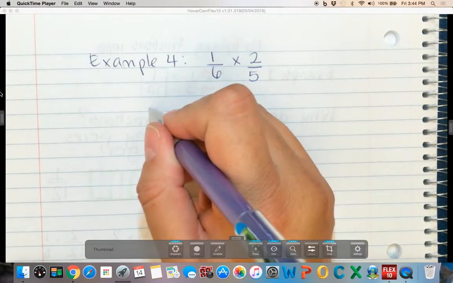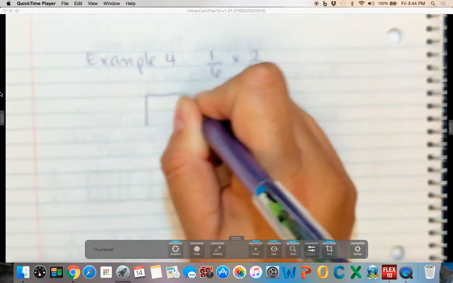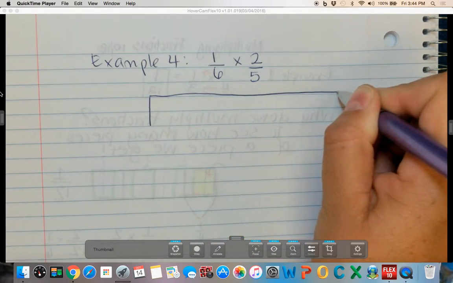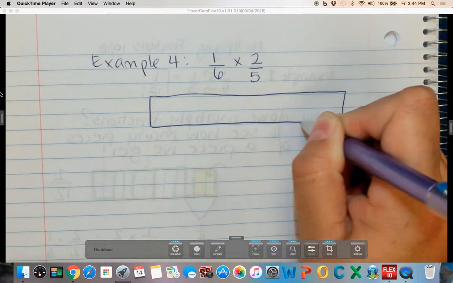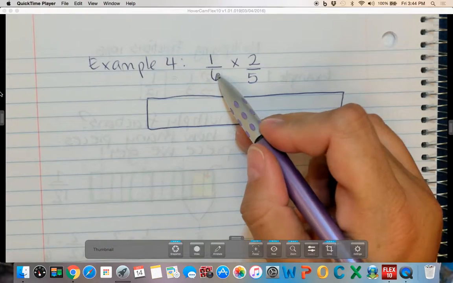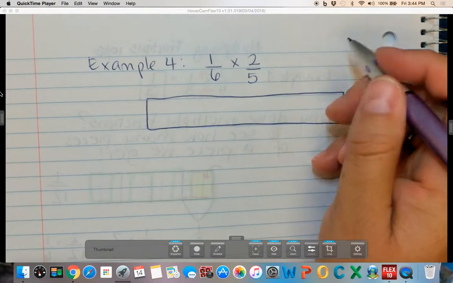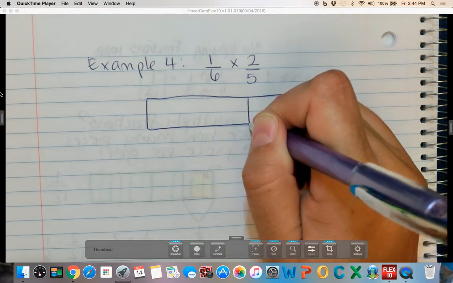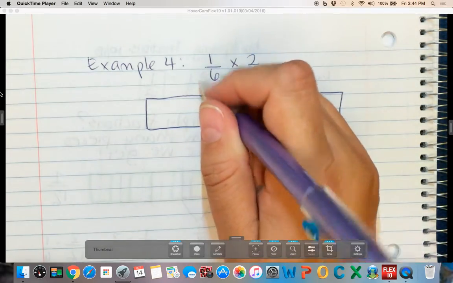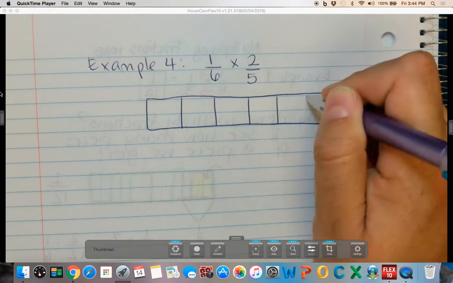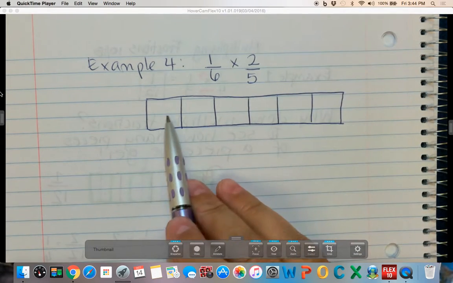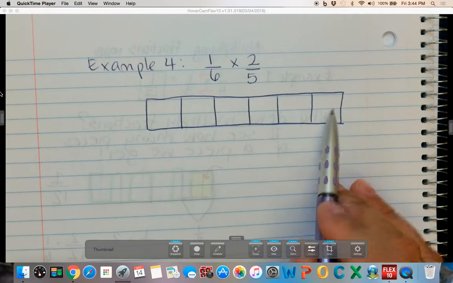So I'm going to make a whole. Make my whole kind of big because I know that I'm going to have a large number. And I'm going to turn this whole into 6 pieces. 1, 2, 3, 4, 5, 6.